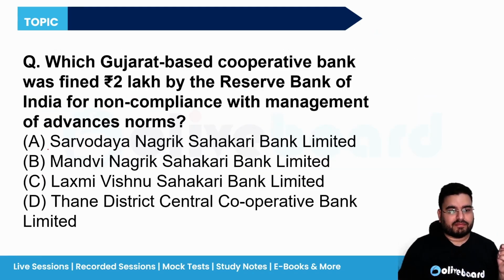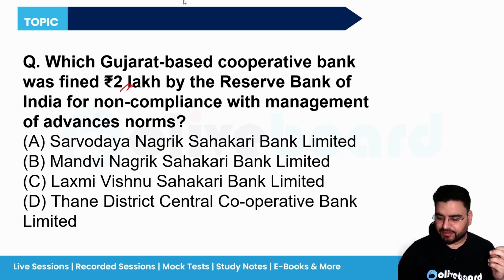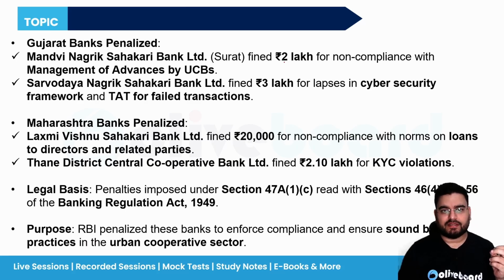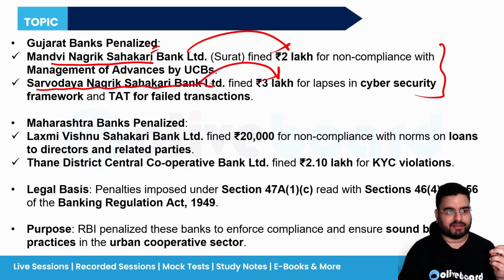So what are the names? Three cooperative banks, Gujarat based, on which RBI has imposed a fine. We'll see the news, then we'll see the answer. So these are the banks. Mandvi Nagrik Sahakari Bank, 2 lakh rupees has been fined, and Sarvodaya Nagrik Sahakari Bank, 3 lakh rupees has been fined. Similarly, from Maharashtra also, Lakshmi Vishnu Sahakari Bank, 20,000, and Thane District Cooperative Bank, 2 lakh rupees.